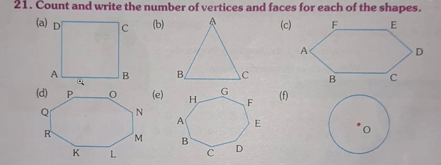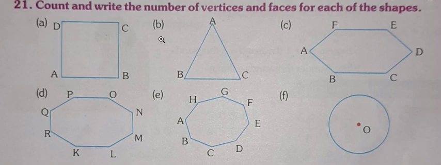These are A, B, C and D. There are four vertices: first A, second B, third C and fourth D. And similarly there are four faces. The names are: first AD or DA, second AB or BA, third CB or BC, and fourth DC or CD.